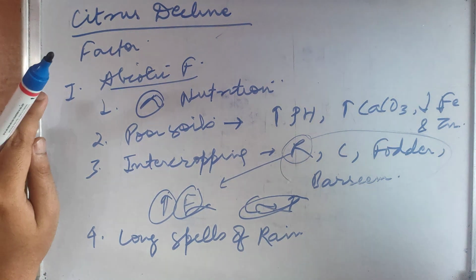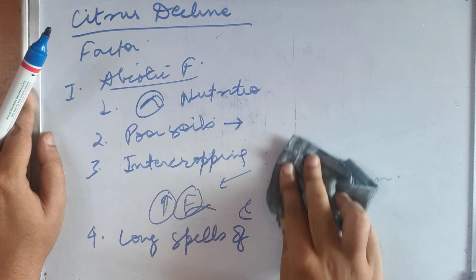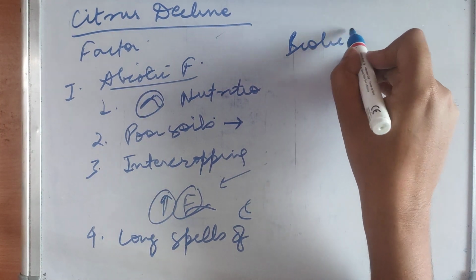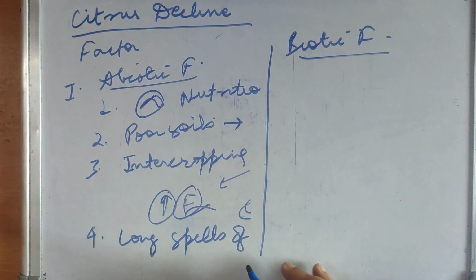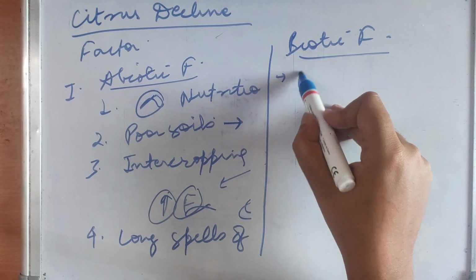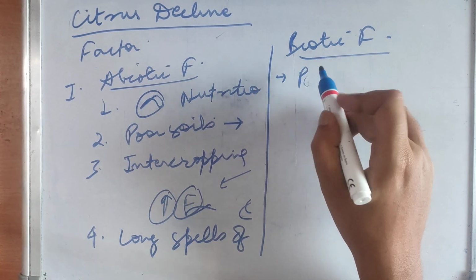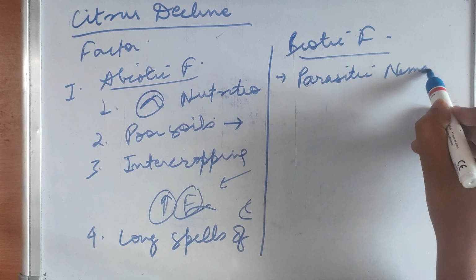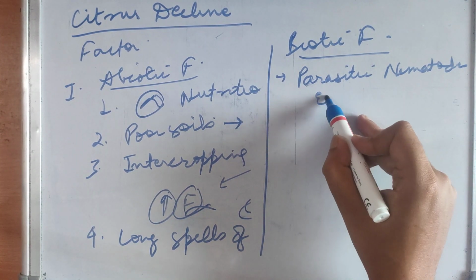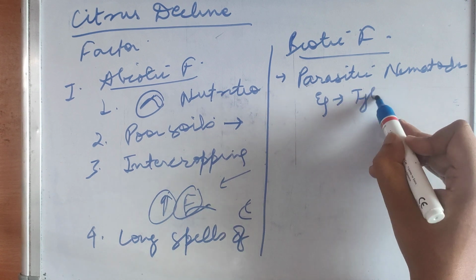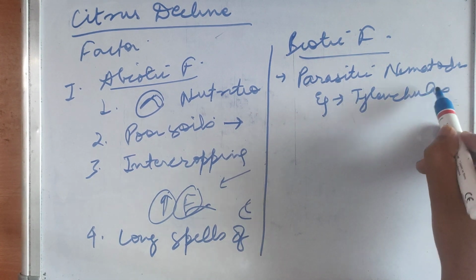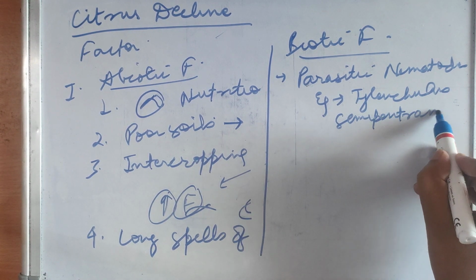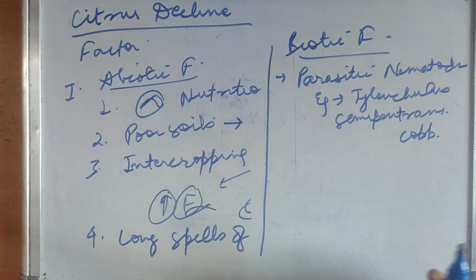Now we will discuss some biotic factors. Biotic factors such as plant parasitic nematodes, for example Tylenchulus semipenetrans, Cobb.